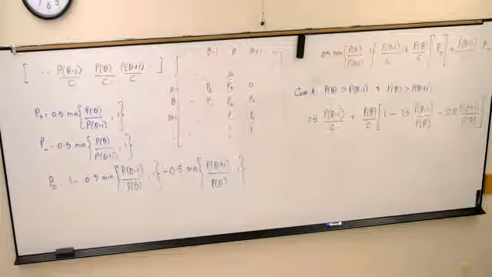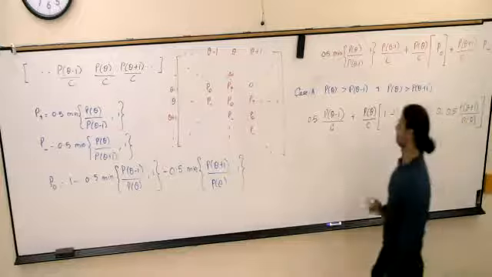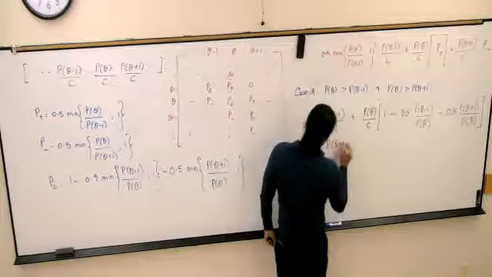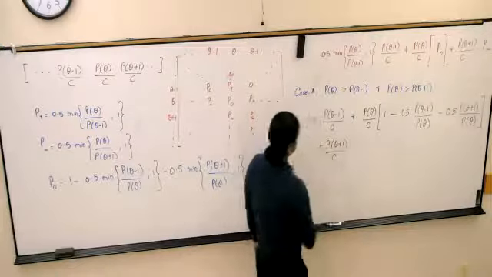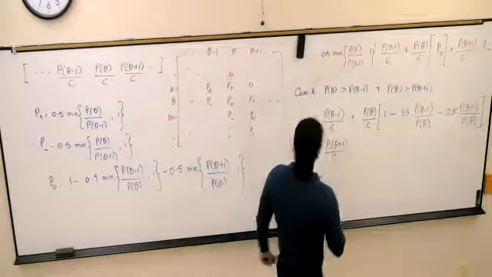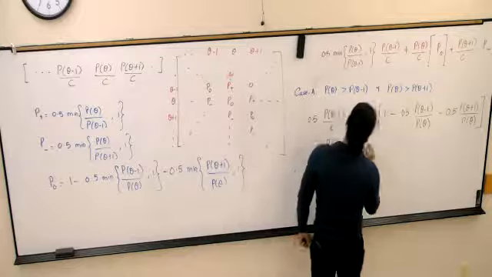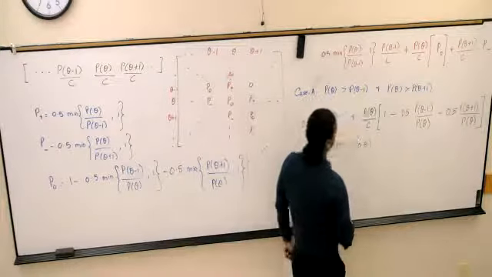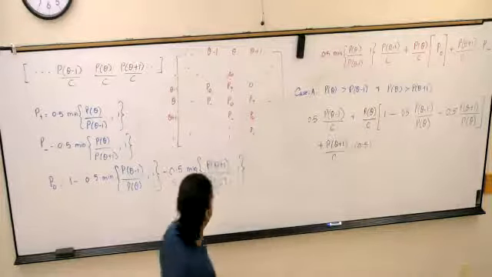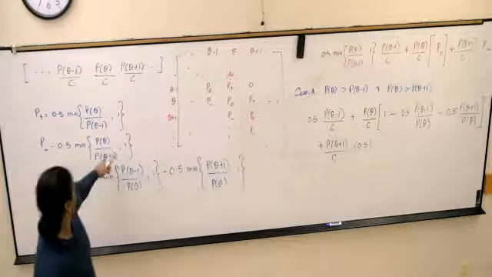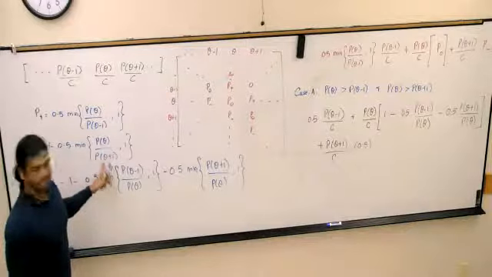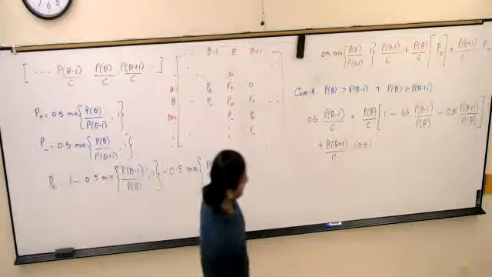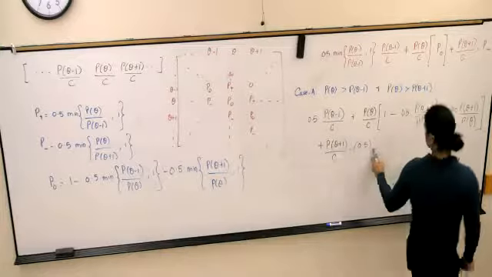The last term, P of theta plus 1 over C, multiplied by 0.5, minimum of P of theta over P of theta plus 1. That's bigger than that term, so that would become 1.